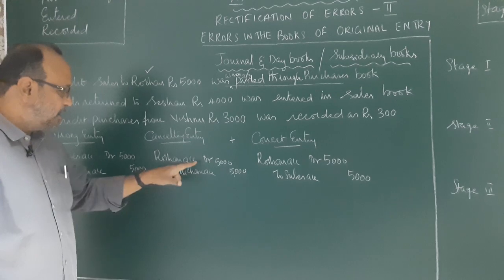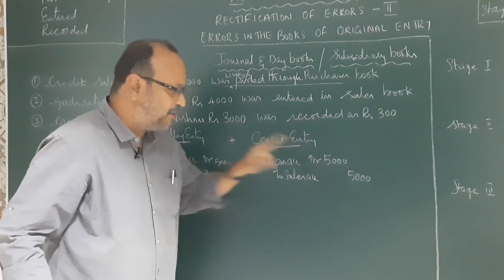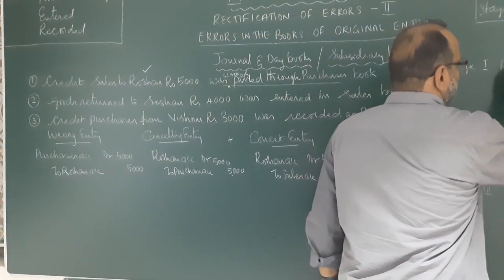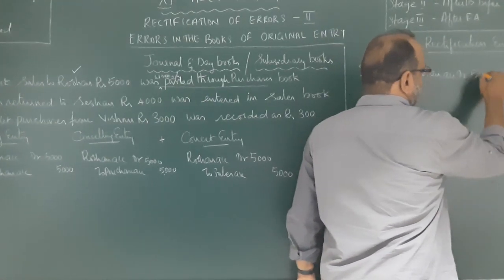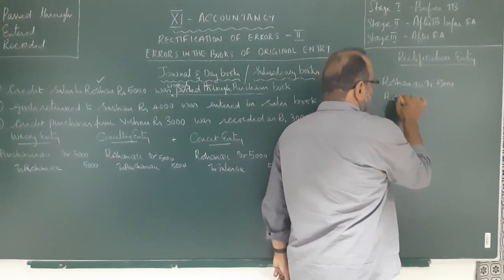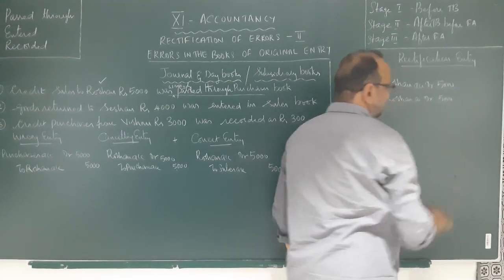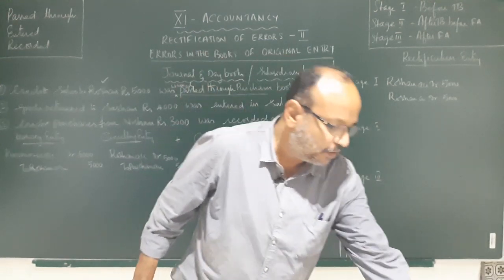Let's try. Roshan account debit 5,000 and Roshan account debit 5,000. We have got two debits here. What do we do? Instead of debiting Roshan 5,000 two times, what we can do?